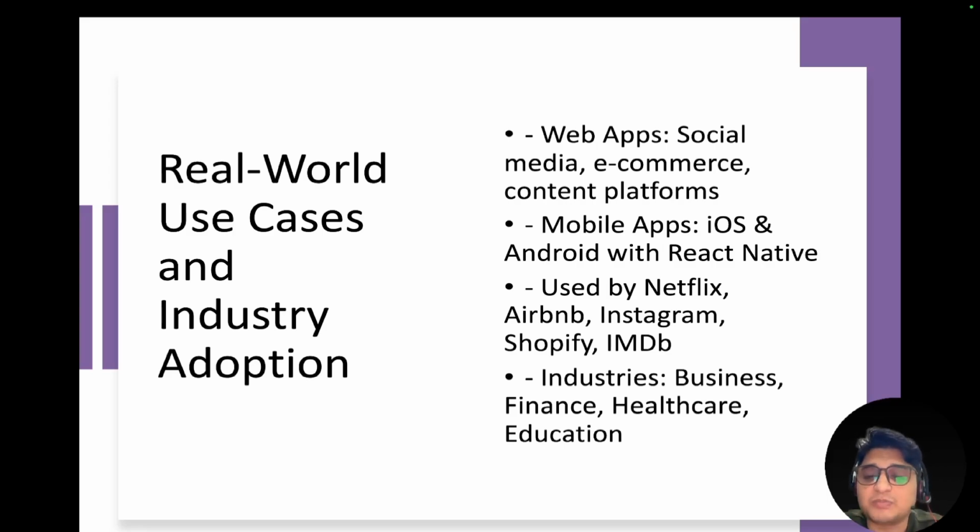There are giant companies, as I told you earlier in the earlier slide: Netflix, Airbnb, IMDb, Instagram, Facebook, Amazon, Walmart, Shopify. And there are industry domains as well, like business, finance, health, or education. They are also using React as their main technology for developing applications.